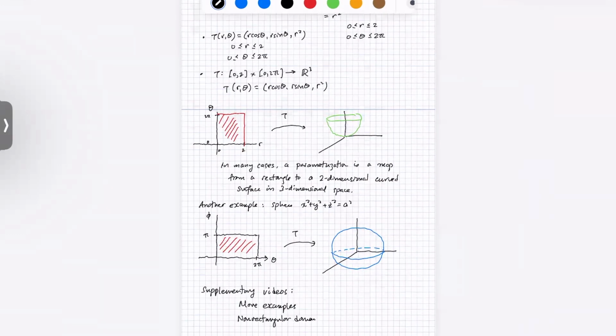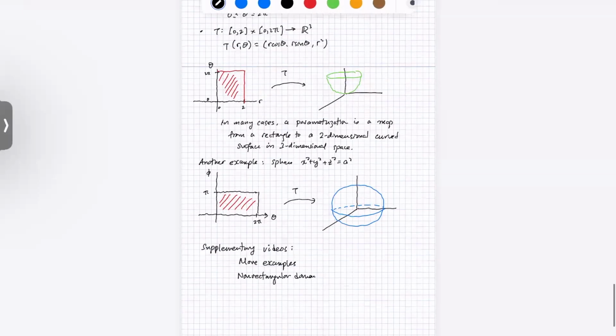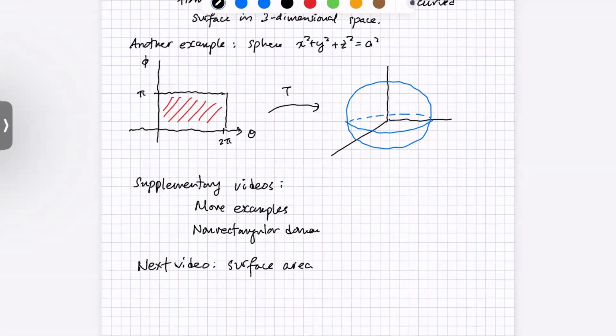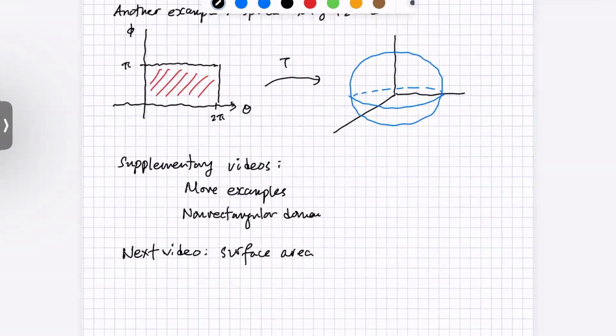So this is the end of this video. The next video in the series will be about surface area, which is the analog of arc length. Arc length in curves, we can find surface areas of surfaces, and this will involve some integration, and we will derive that next time.